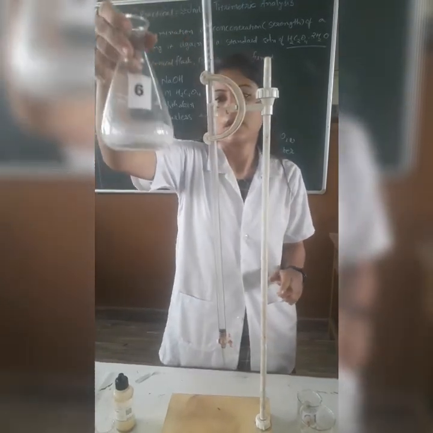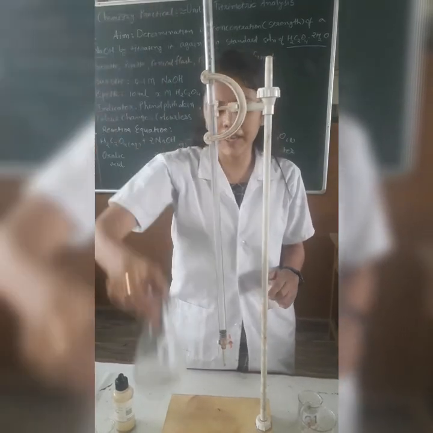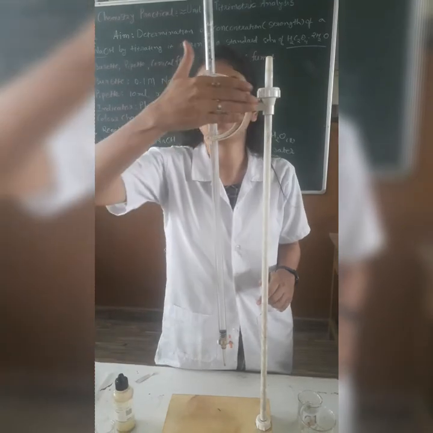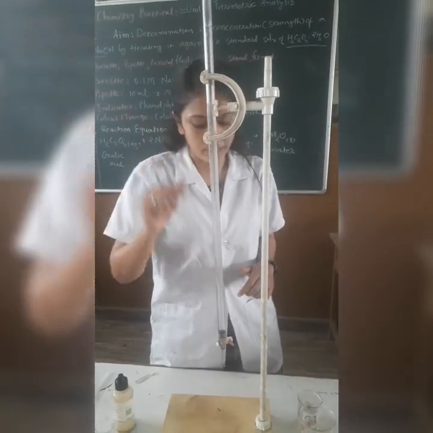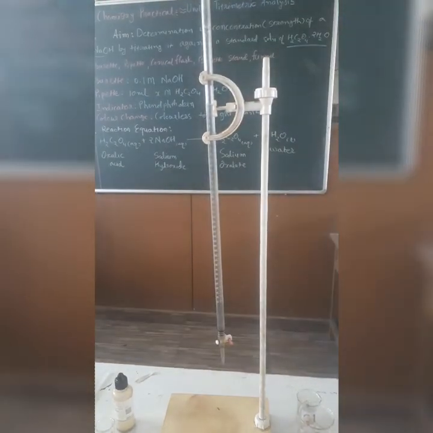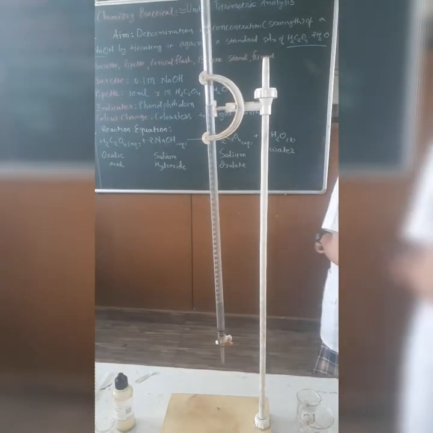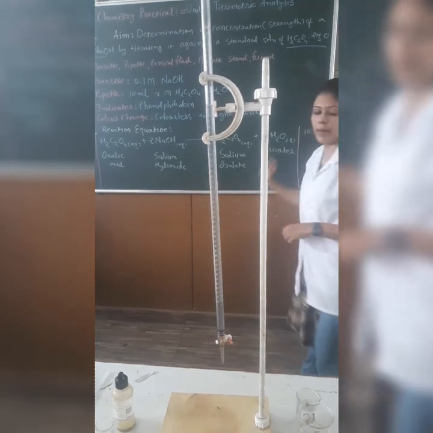See, here the pink color appears. This is our first reading. We have to read it: 10.1. Our first reading is 10.1. We will write it over here to remember.